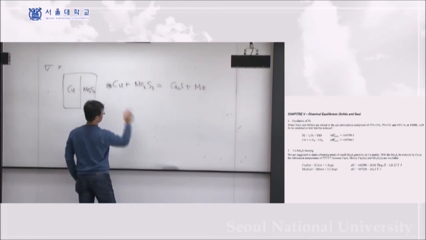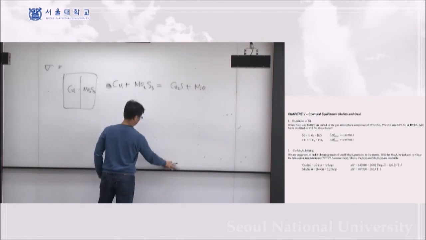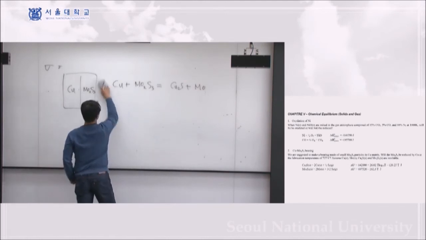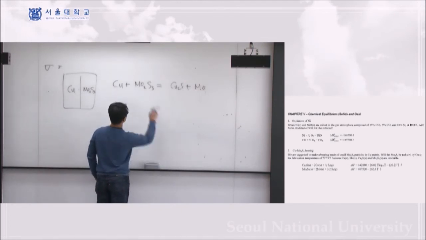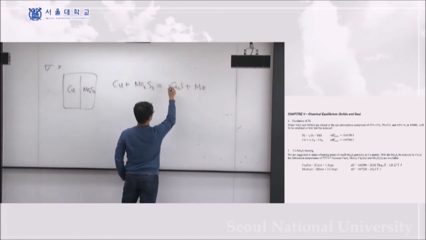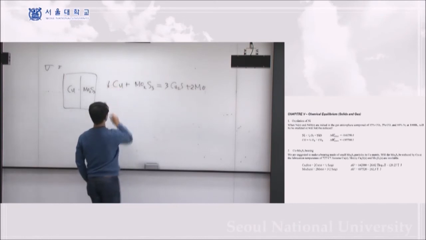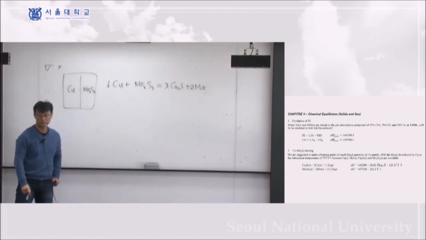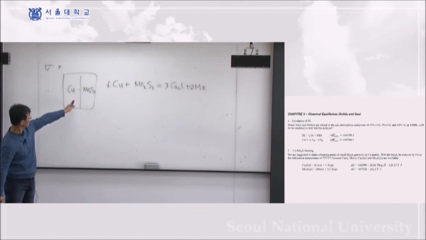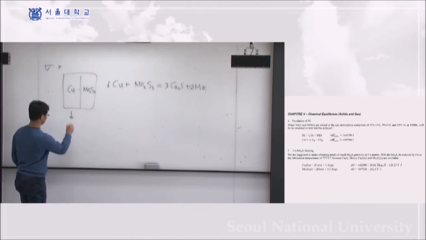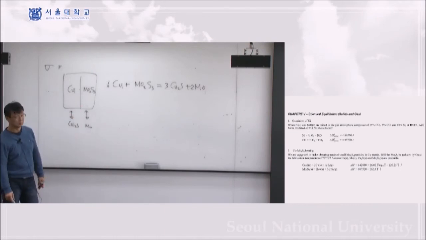Well, let's do it in this way. So this one, I have 1, so this will be 3. This 2, 6. Does this make sense? If there's a chemical reaction, if this is sulfide, Cu2S, and if this is reduced, this is MO here. If you consider this possibility, then we can set up the chemical reaction like this.